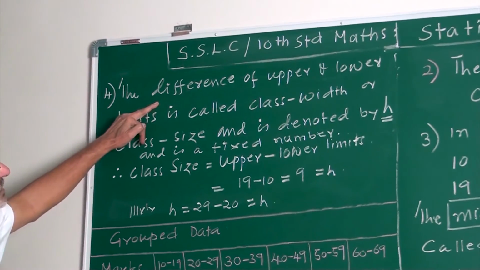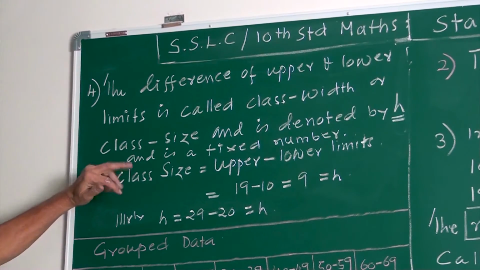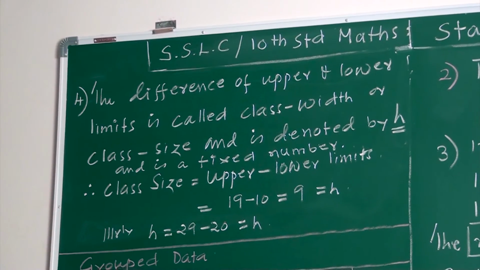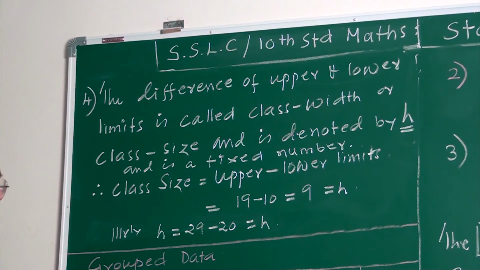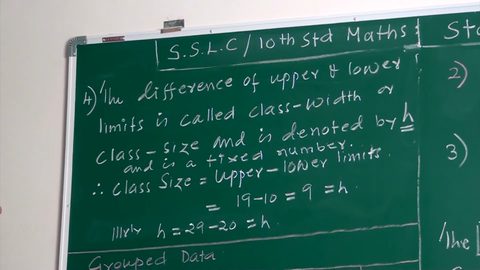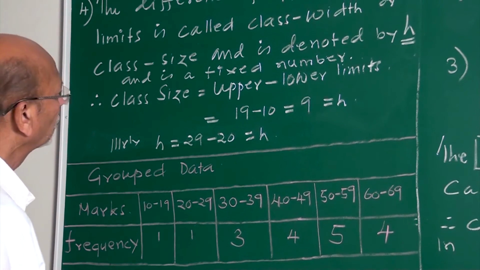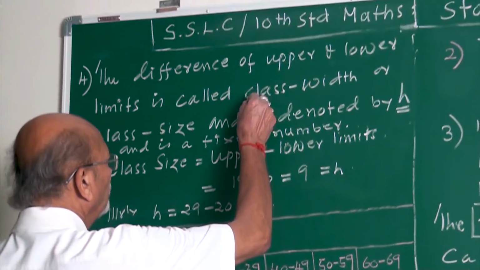Now the fourth one is the difference between upper and lower limits of the class interval. The difference between upper and lower limits of the class interval is called class width, my friends.